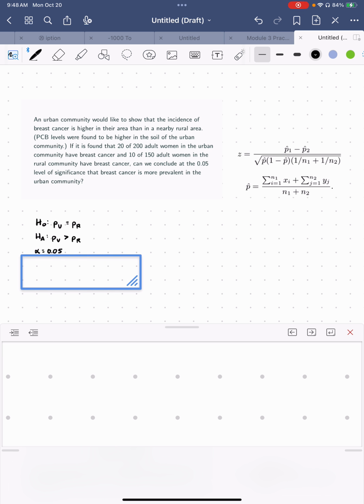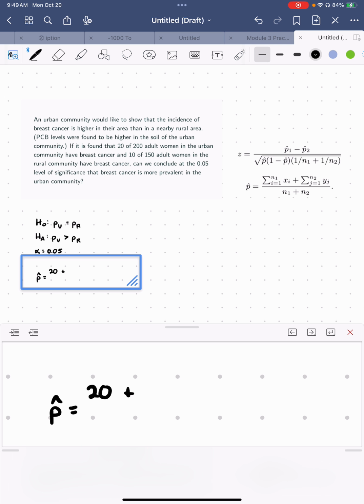And now we can calculate our p-hat value. So we have our formula off to the side here. You can find it in your formula sheet again. So we have p-hat equals all of our values from our first population and our second population. So we have 20 here plus our second population, so it's 10.